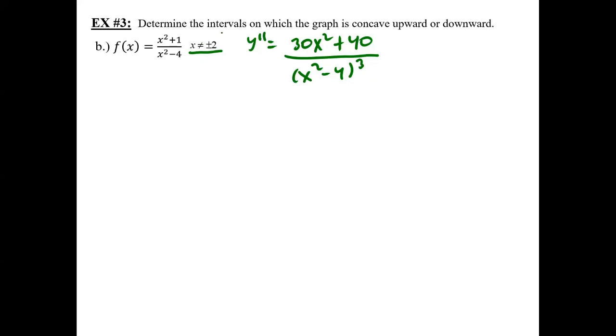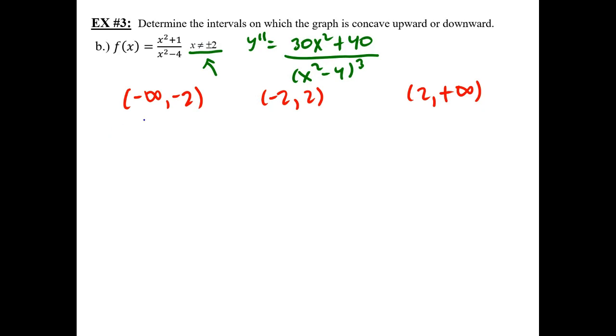So hindi natin pwedeng gawin na positive and negative 2 yung value ng x natin dahil magkakaroon tayo ng denominator na 0. So we will have 3 intervals: negative infinity to negative 2, negative 2 to positive 2, and of course, 2 to positive infinity.